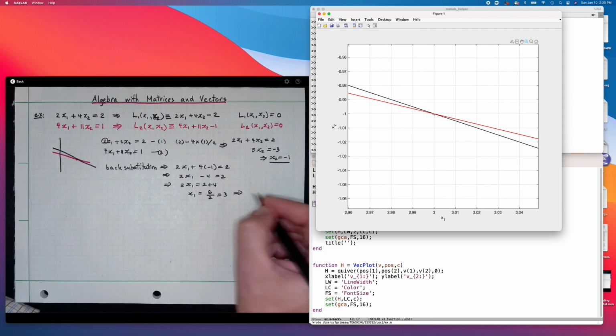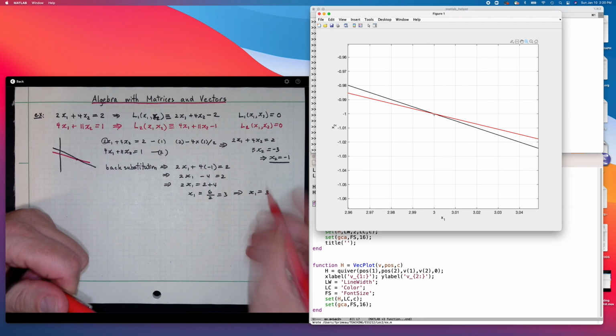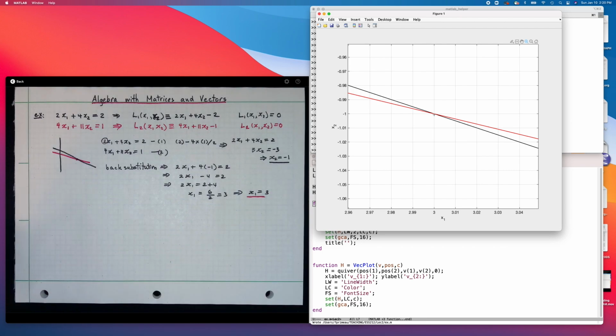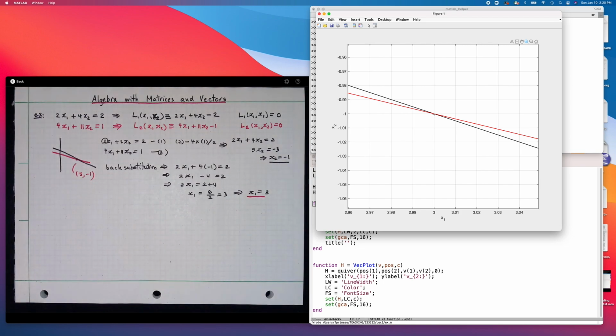So x1 is equal to 3, and putting these together, I get the solution over here, which is at the point (3, -1), like I have on the display.